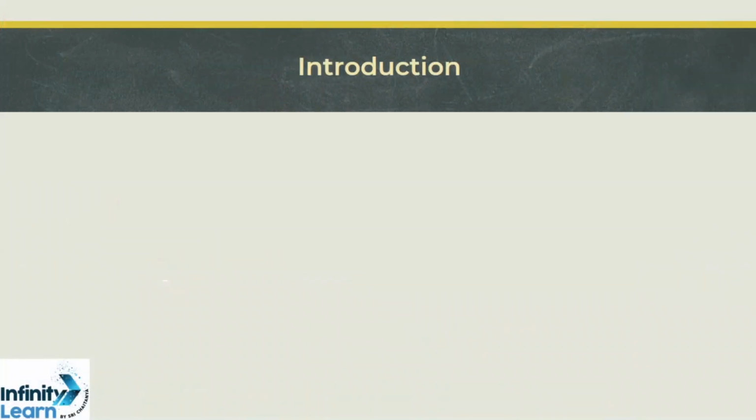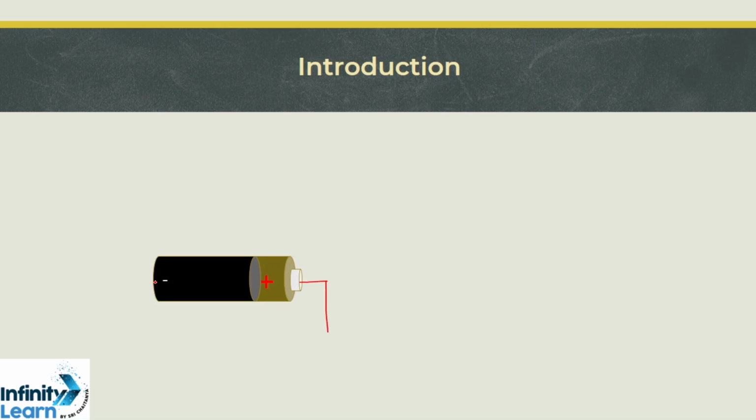Now coming back to the topic, if I have a cell like this and if we connect it to a circuit, there will be a flow of current through the circuit, and the direction of this current is from higher potential to lower potential, or from positive terminal to the negative terminal, from outside the cell through the external circuit.